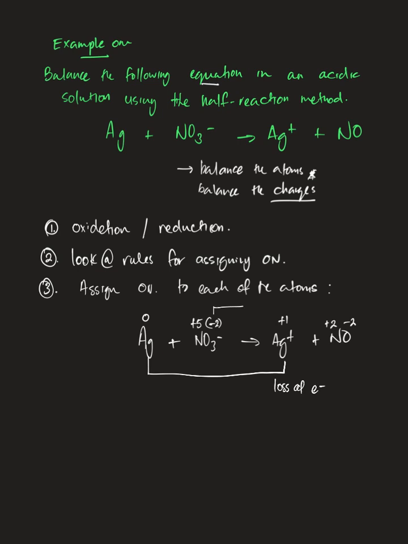If I link up the NO3⁻ ion and the NO, what I'll notice is that I've got a gain of electrons. And what I'm looking at here is not the NO3⁻ altogether, I'm looking at the N and the N, because I look at the oxygens. Going from the O3 to the O, it stays at -2 and -2, so that doesn't get affected.